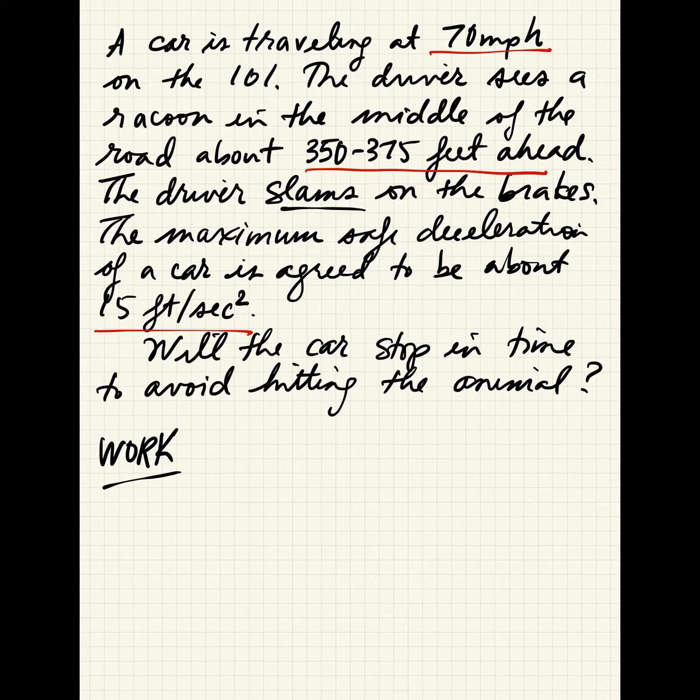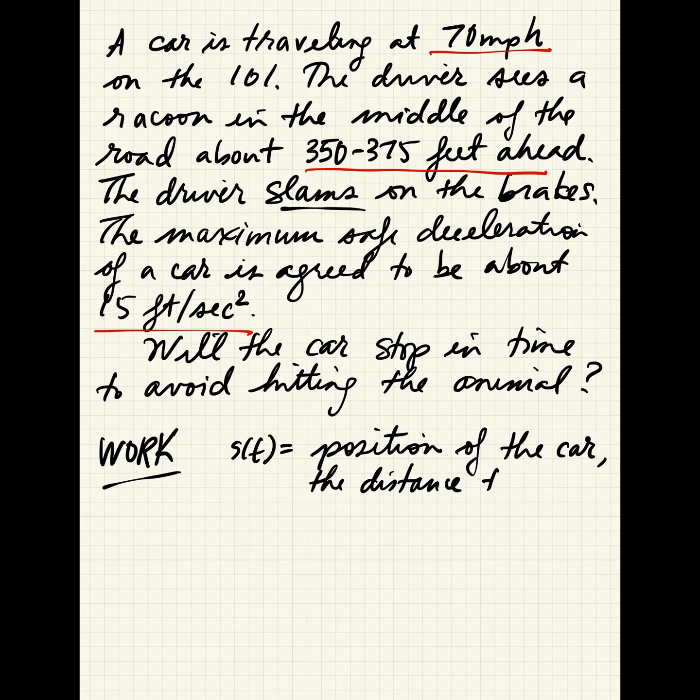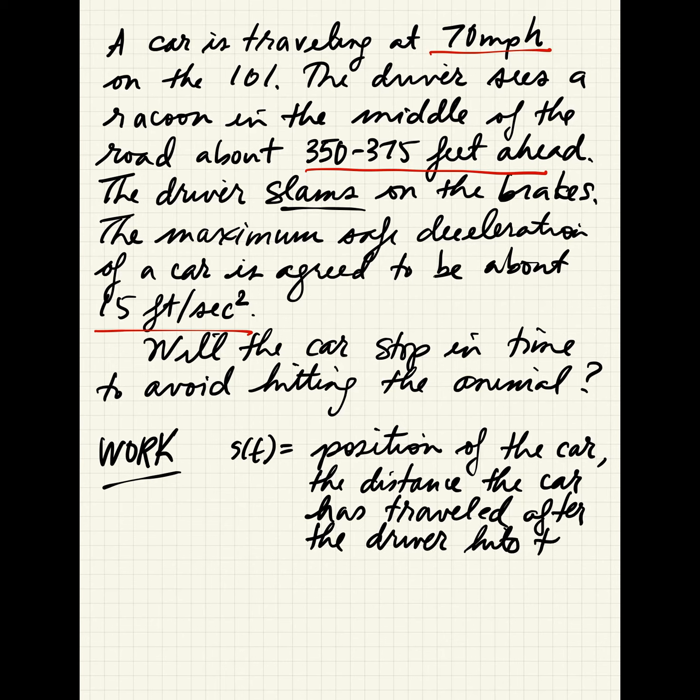We're going to define some functions. So we're going to define a position function, a velocity function, and an acceleration function. So like s of t, let's say this is the position of the car. To be more specific, let's say the distance the car has traveled after the driver hits the brakes.